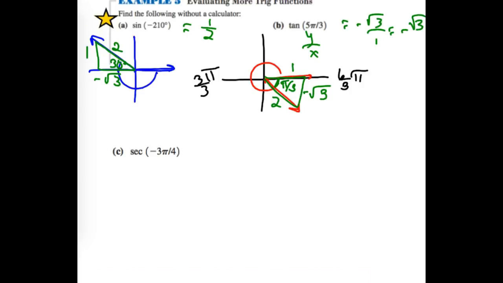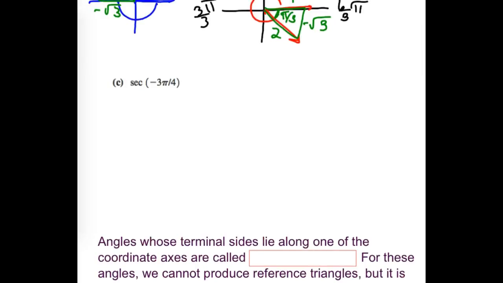All right, last one. We are going in a negative direction. We're thinking in terms of fourths. Okay, so if I'm starting here at 0, this would be negative 4/4 pi. Yes?